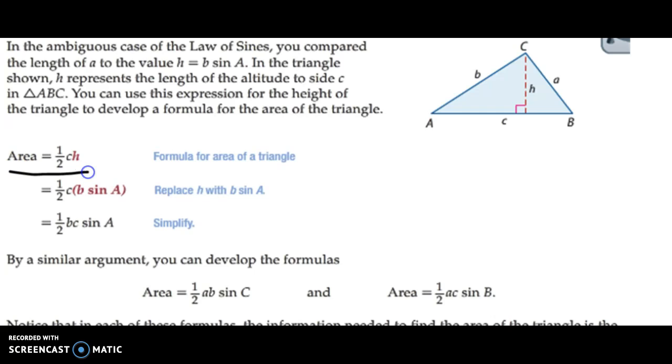So if we look at an ambiguous triangle, 1/2 C times the height H. And so height H is actually the same, now that we know the law of sines and cosines, as B times the sine of A. And so we can replace that, and we actually find that for any non-right triangle, or right triangle included, the area is actually this formula, 1/2 B times A, or excuse me, C times the sine of the angle A.